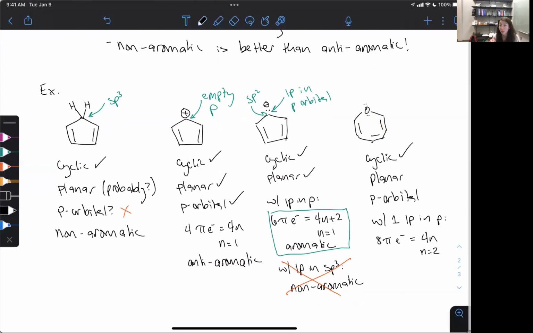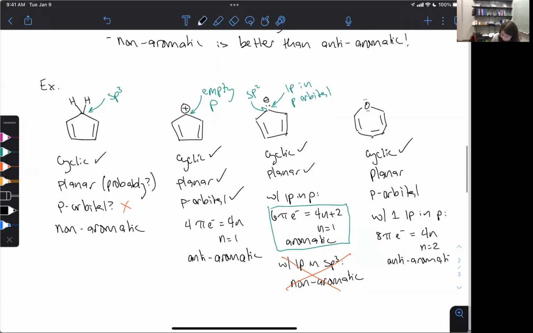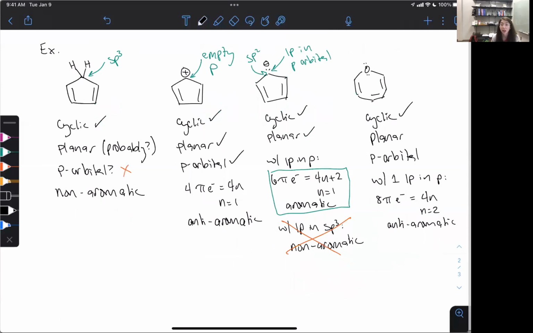So that puts me in anti-aromatic territory. Okay, so we do not want to be anti-aromatic. So let's see what happens if we put the lone pairs in sp3.